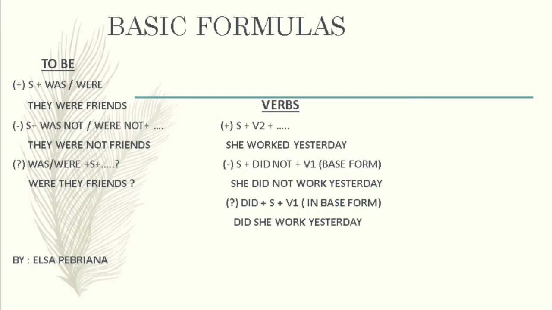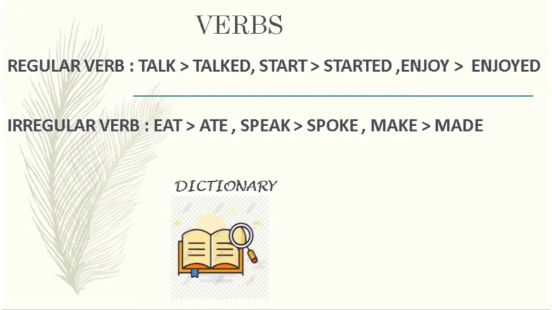So now we know when and why we should use the simple past tense, but how do we make a simple past tense statement? Here is the basic formula for the simple past tense. When you want to use the simple past tense to explain an action that happened in the past, you need to conjugate your verb. You need to change your verb.